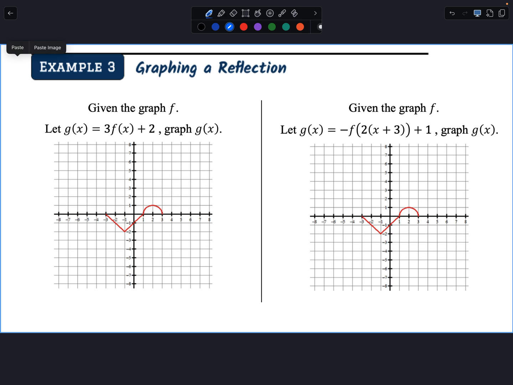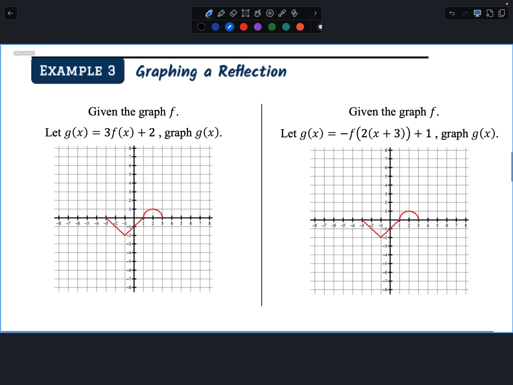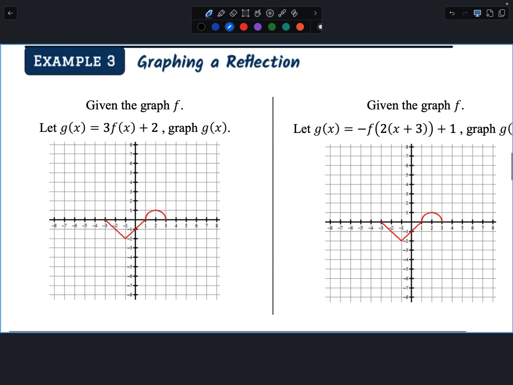All right. So what's going on here, guys? What does this tell us? Vertical stretch by a factor of 3. And then what does that plus 2 mean? Shifting up 2.